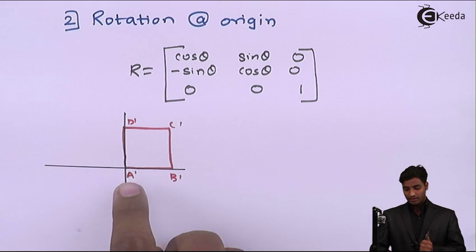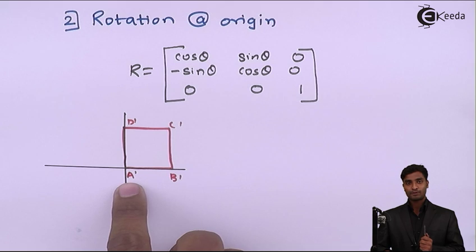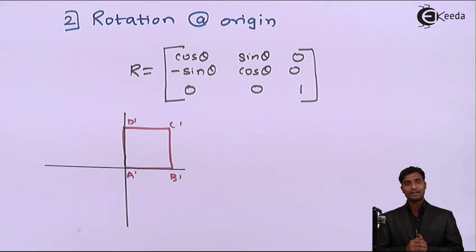So we have to do back translation, that is we have to place this point back at the arbitrary point xf and yf. For that I will require a translation transformation.